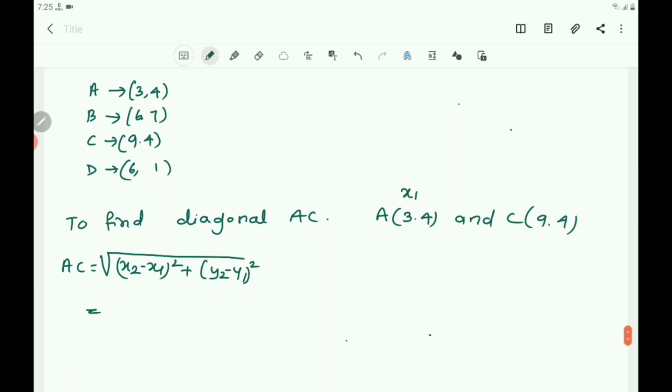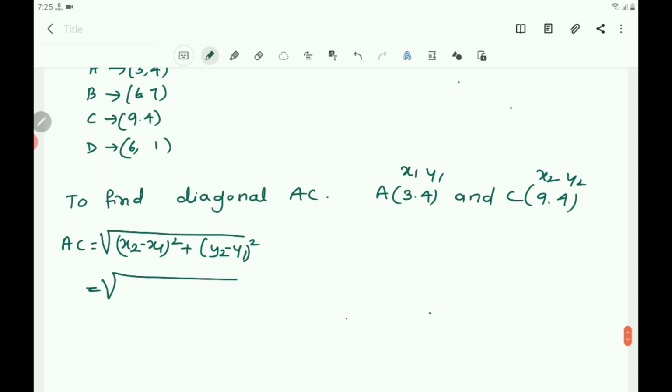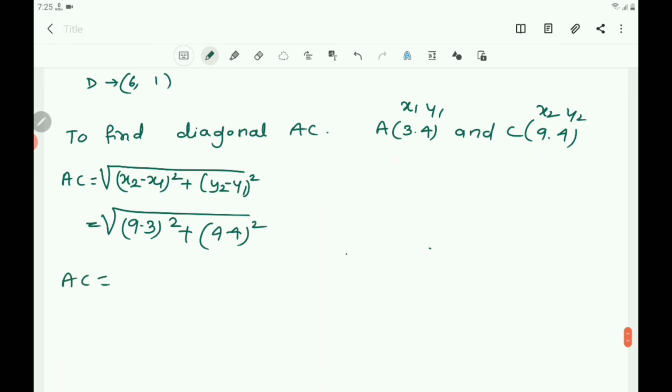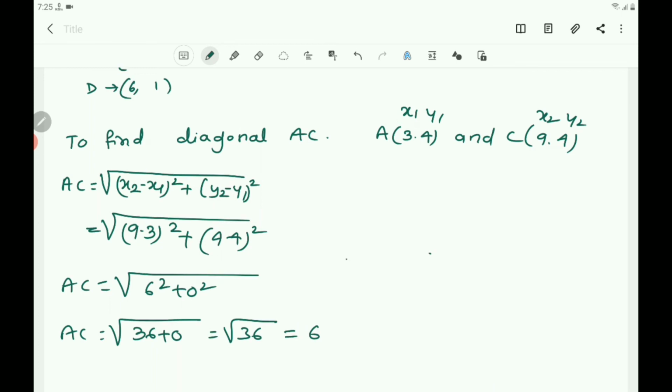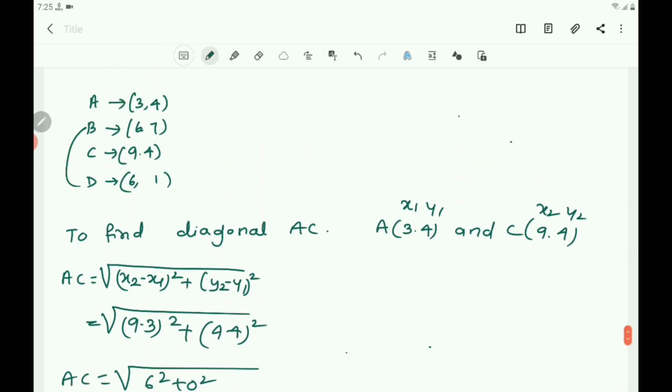This is x1, y1, these are x2, y2. So x2 minus x1 is 9 minus 3, whole square, plus y2 minus y1, where y2 is 4 and y1 is also 4, that becomes 4 minus 4 whole square. Then AC equals 9 minus 3 is 6, 6 square plus 0 square. So AC equals root of 36 plus 0, root 36 equals 6.